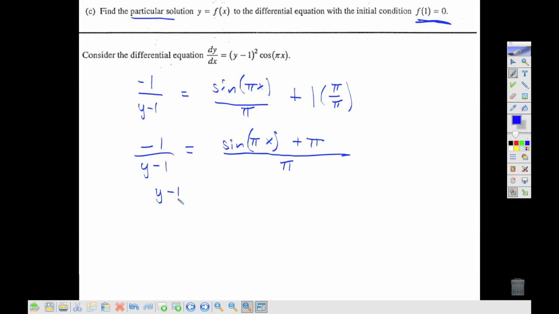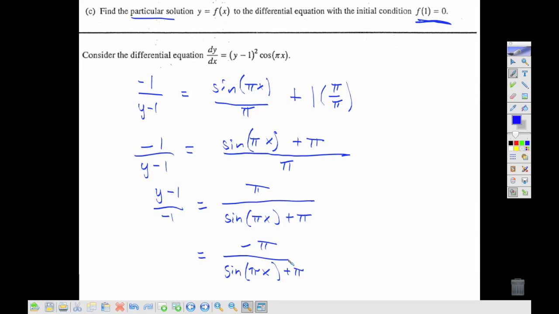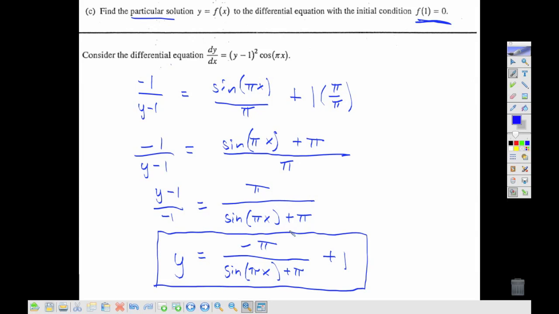So now we can flip both sides. We can multiply by the negative there. And we can also add this 1 over to the other side. Okay, now we have y by itself. Even if we could simplify this side more, we can just call it quits right now and say y is equal to this. This is our solution to our separable differential equation.